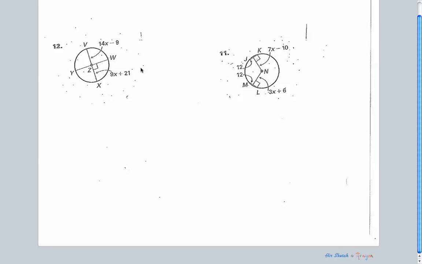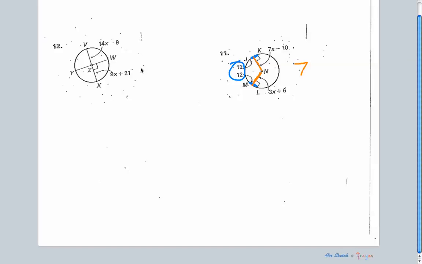I've got an application of that theorem, the last one, 10.6, and it says this: if JK is congruent to LM, if those segments are congruent, they're both 12, hint, hint, right here, so they're both 12. If that's true, then that means that the distances here must also be congruent.